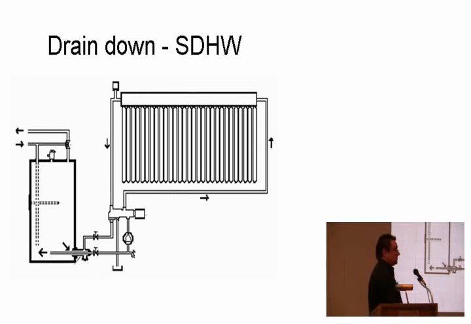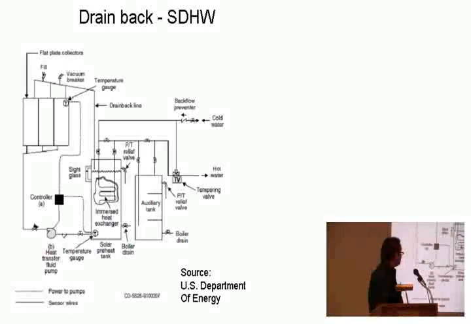Then what happens is, either in the case where there's no energy or there's freezing conditions, the water drains down and just goes to a drain. Okay? Commonly, the drain down is confused a lot of the time with the next system, which is the drain back system. So you don't see the drain down system much anymore at all.